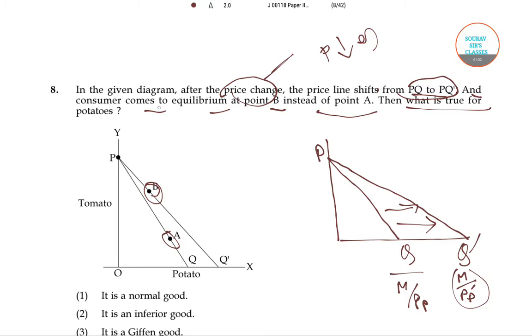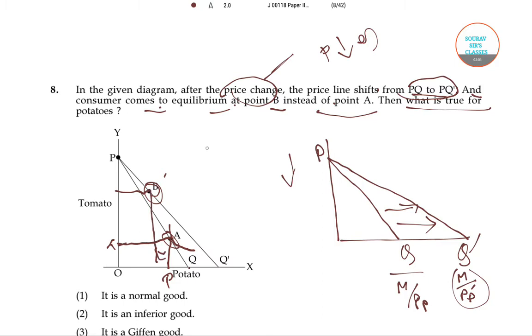So now as the consumer comes to equilibrium at point B instead of point A, at this level, as you can see, if you draw the IC, the consumer used to consume this amount of tomato and this amount of potato. Now as the price has fallen, the demand for potato instead of increasing has decreased.